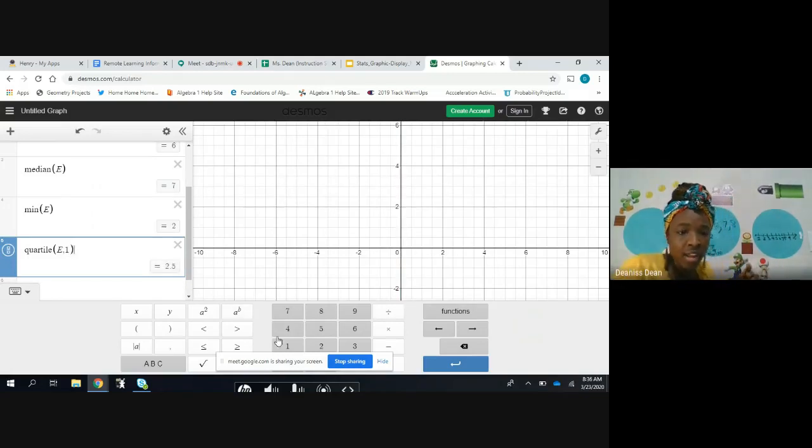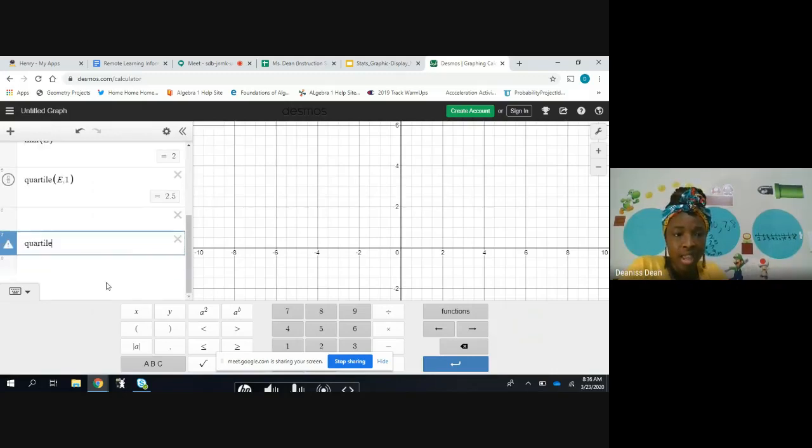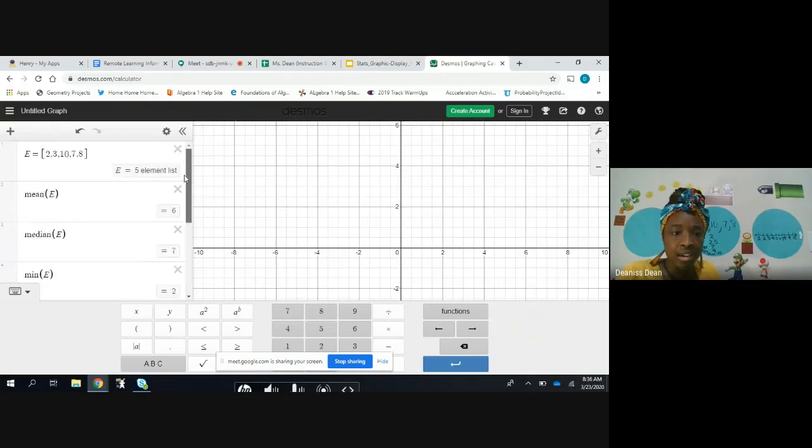So it knows you want to find the first quartile. So the first quartile is 2.5. All right. And if you want to find the third quartile, you do the same thing. Just type out quartile and then your list, and then the third quartile will be 9. All right. So you can get all this here.